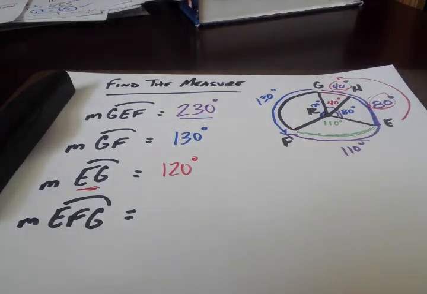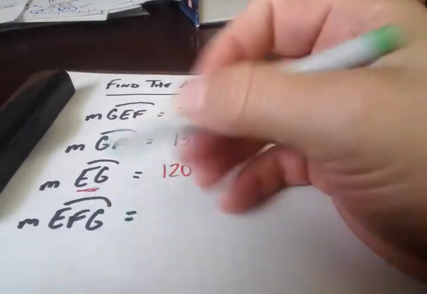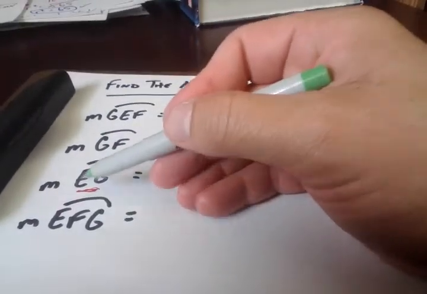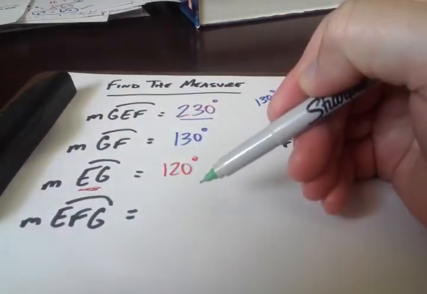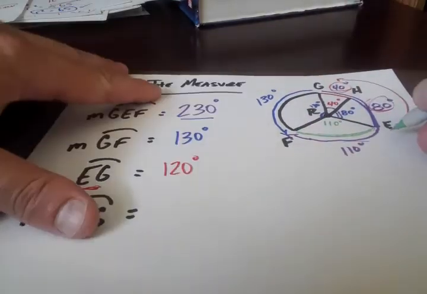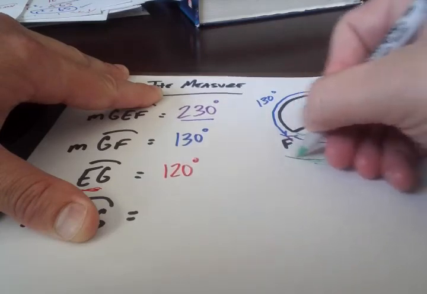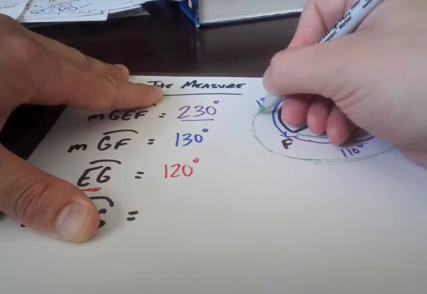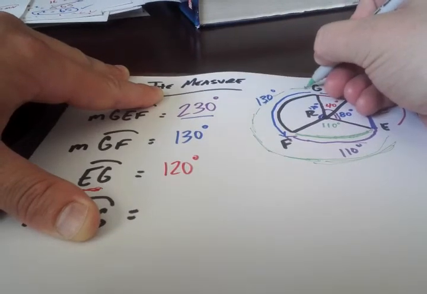Last part here. I'm going to try to use green. There we go. It's a fine point, so it might look funny. EFG, remember, is not the same as EG. This is major because there's 3 letters, so it should be larger than 180. E, F, G. That's going from here, through F, and it's going to come all the way around. Try to use green so you can see the different colors here, right?